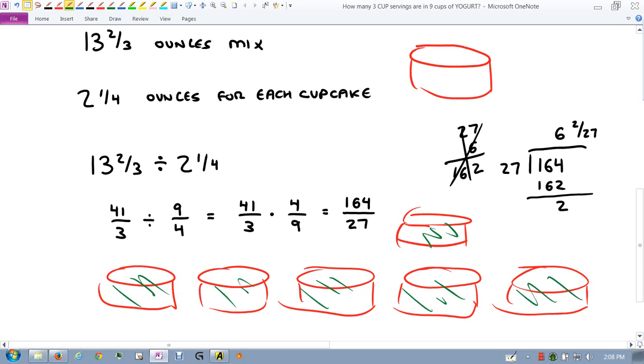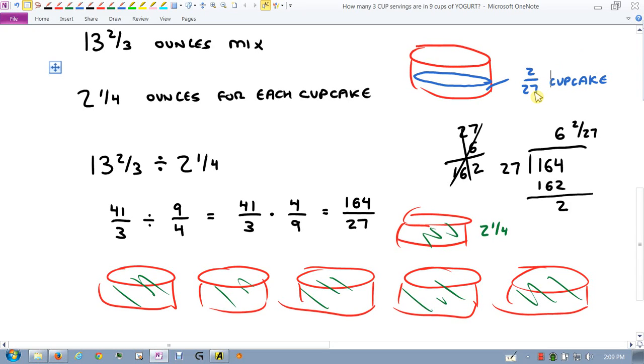How many ounces went into each one? 2 1/4 ounces. What I know is that I have left in this last cupcake here on the bottom, right? I wasn't quite able to fill that up. I had 2/27ths of a cupcake, right? That's how much I would have had left over.